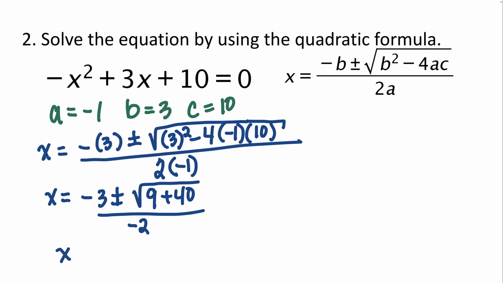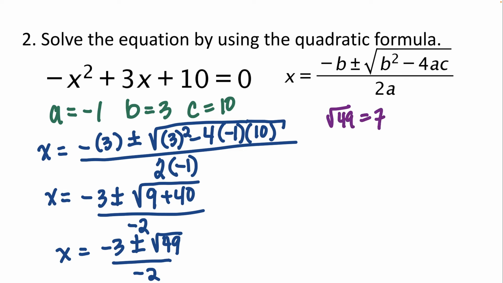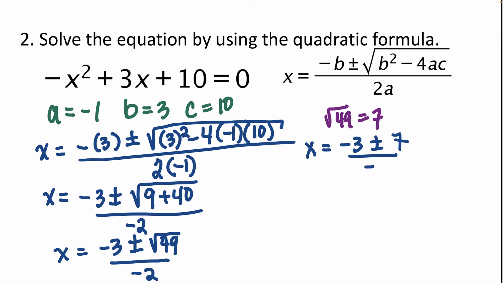So x will equal negative 3 plus or minus the square root of 49 all over negative 2. Since the square root of 49 is equal to 7, we can keep simplifying these solutions. So x equals negative 3 plus or minus 7 over negative 2.